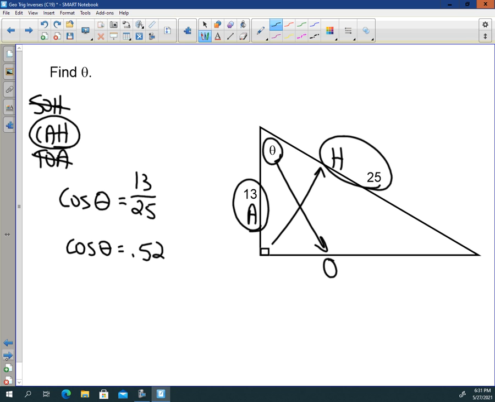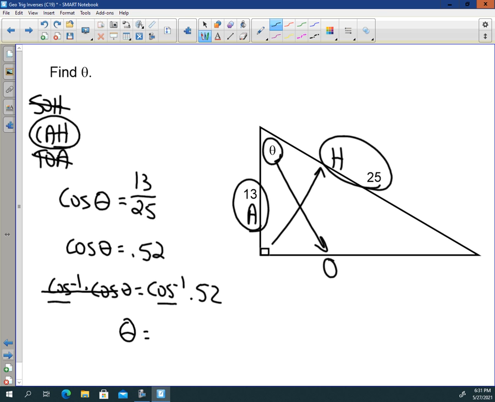Well, we know that the cosine inverse of the cosine of theta equals the cosine inverse of 0.52. We're just, quote unquote, multiplying on both sides by cos inverse. The reason why we do that is because it cancels these guys here, and what we have left is the angle, which is what we're trying to find.